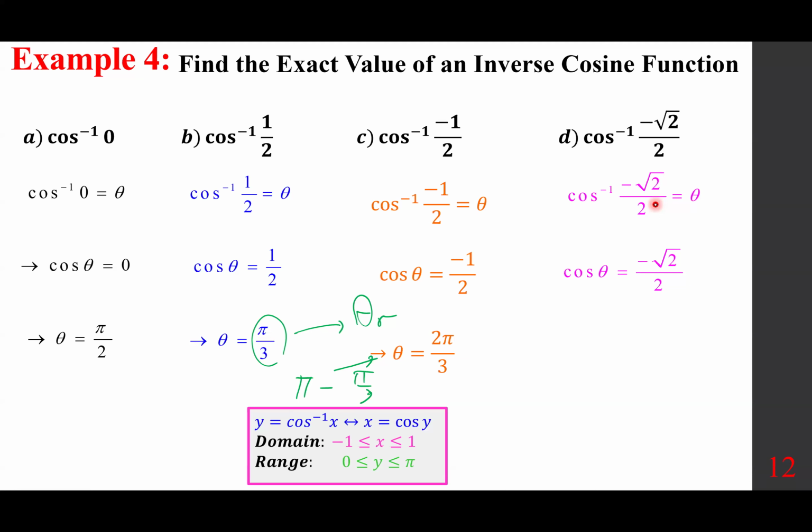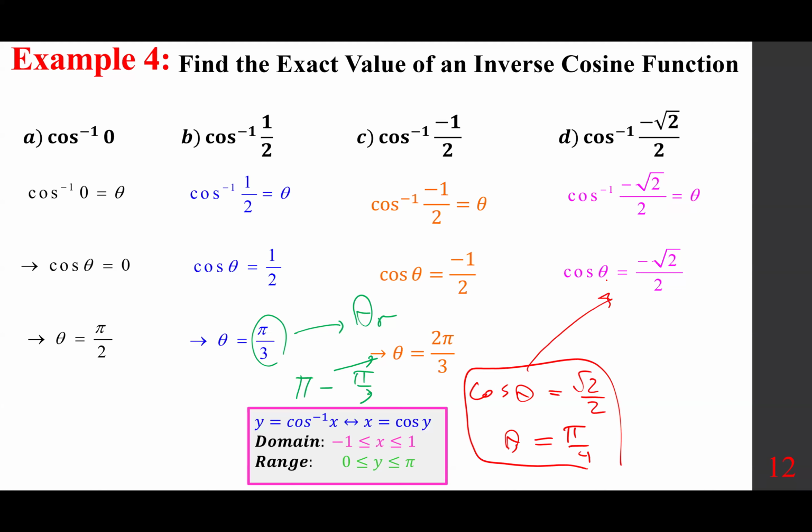So for the negative, this acts like a reference arc. It becomes pi minus pi over 4, which is 3 pi over 4. Again, that's the way you get to the negatives' arcs.